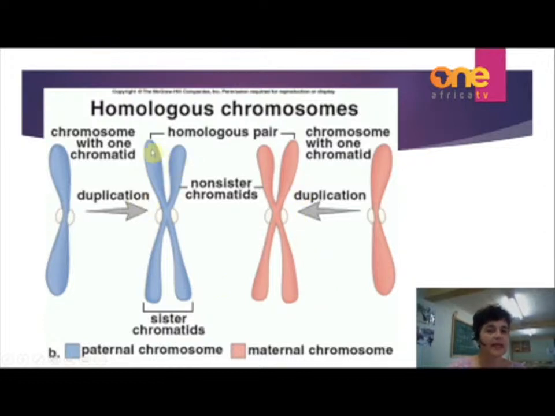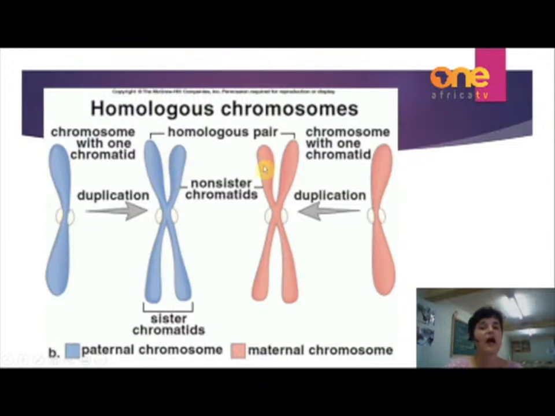So with trait, I mean, if on this chromosome I have my recipe for my hair color, my strength of my muscles, and the shape of my ear, there I will have hair color, strength of muscle, shape of ear. These are the codes that I got from my father, and each one is called a gene.